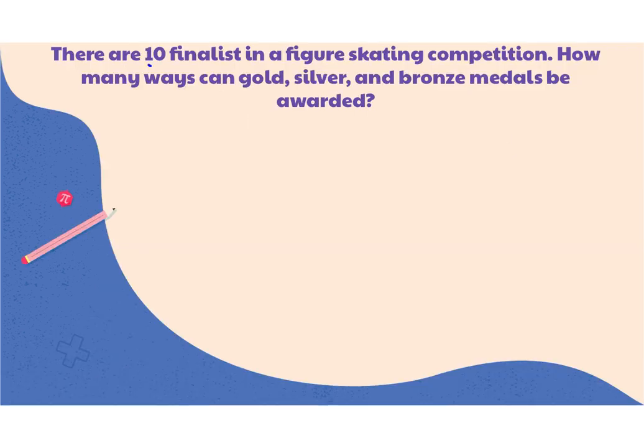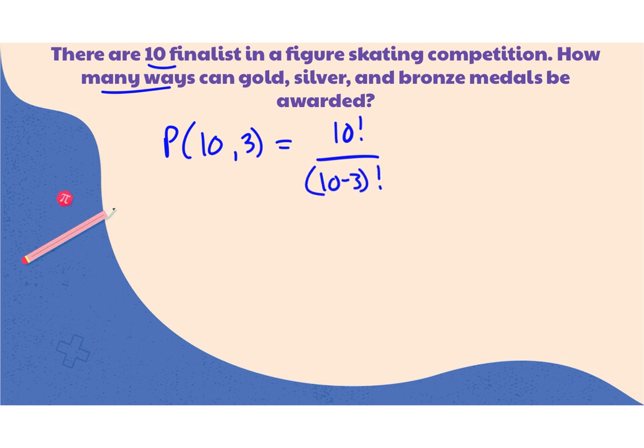So if you have 10 finalists in the figure skating competition, how many different ways can you award silver, gold, and bronze? Permutation of 10 choose 3. That's going to be 10 factorial over 10 minus 3 factorial. So that's 10 times 9 times 8 times 7 all the way down to 1, over 7 times 6 times 5 times 4 times 3 times 2 times 1.